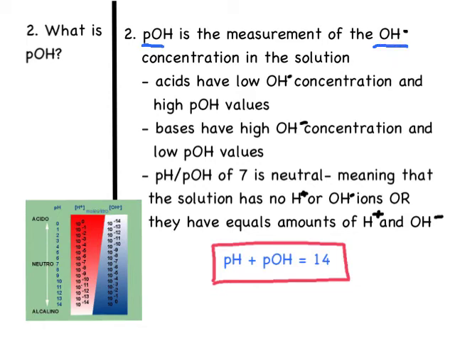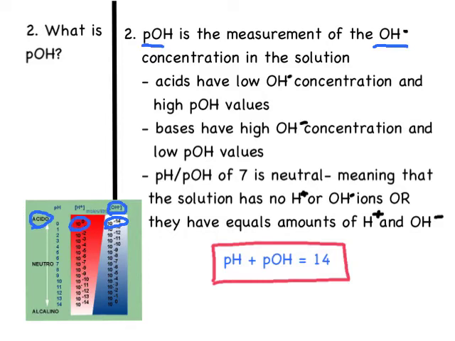Acids, over here on our picture, are going to have very low hydroxide concentrations. If we take a look at the hydroxide concentration for pH 0, it's 1 times 10 to the negative 14. That's a super small number, because it has a ton of hydrogen ions.